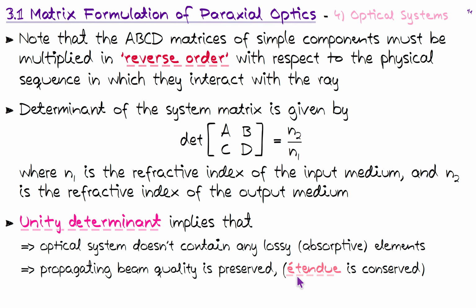Of course, etendue is also interesting in some cases when we are looking at the brightness of lasers. But in this course, I don't think we are going to make any further use of etendue as a variable. I just wanted to mention that this physical quantity exists, and that ABCD matrix calculations can be related to it. If you're interested, please check out what Wikipedia has to say about etendue and how it relates to optics.